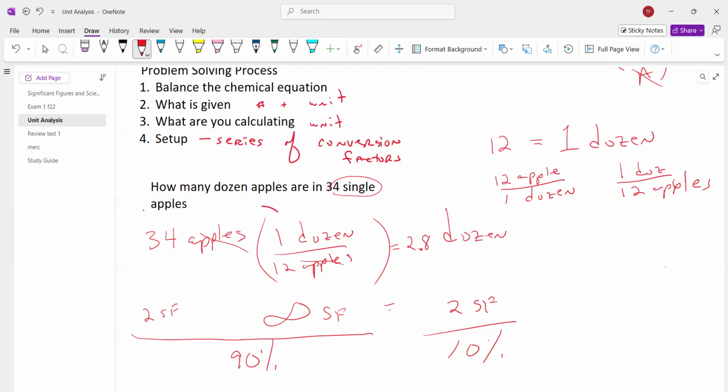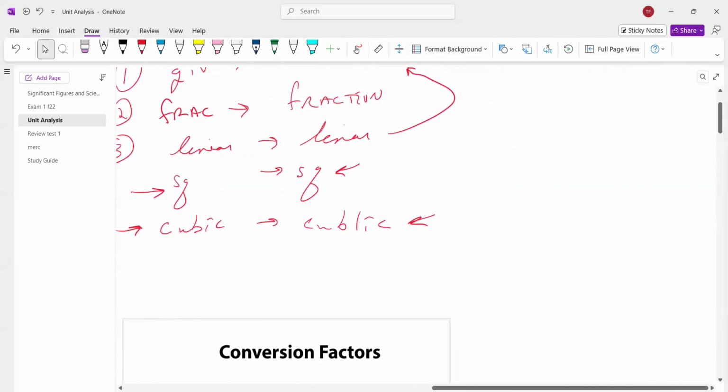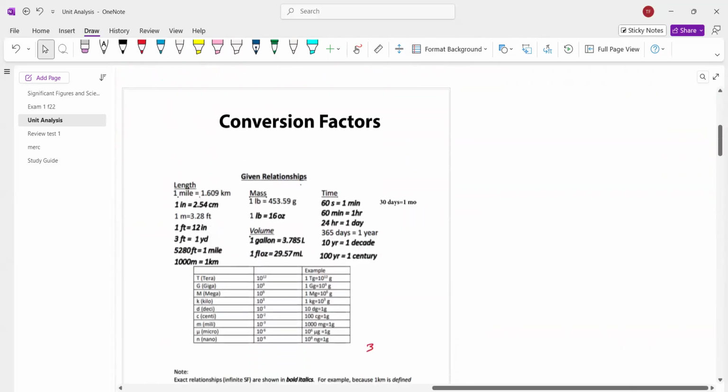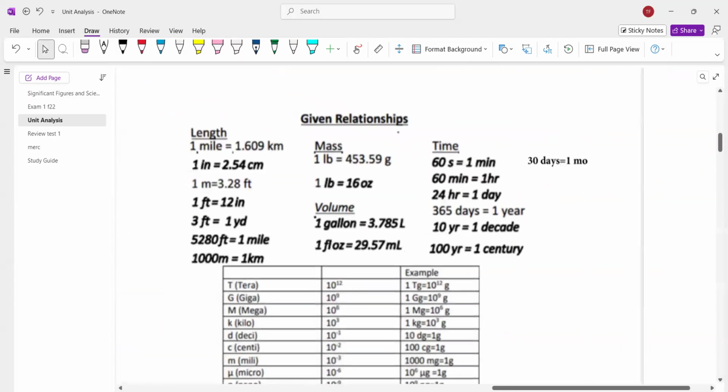Now, on your conversion factors, which was the handout today, everything in boldface is by definition. So all those boldface, including this one. That's boldface, it's not as obvious as the other one. So those all have infinite significant figures.